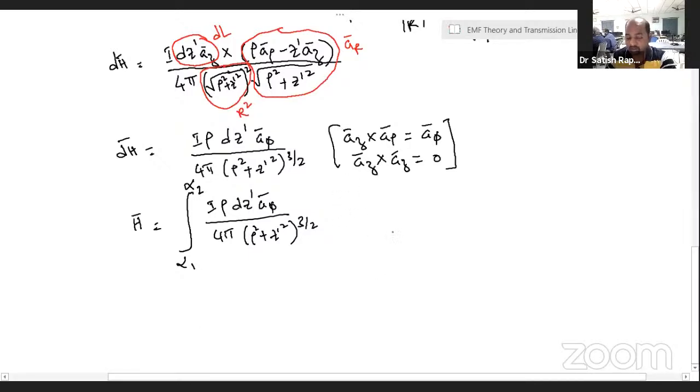So let us convert the given function in terms of alpha.